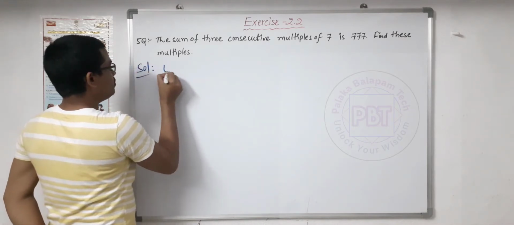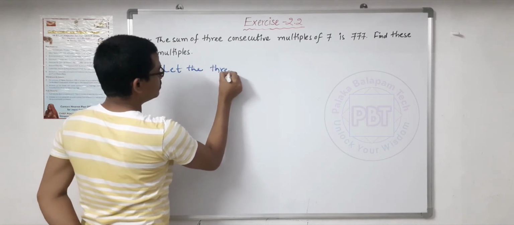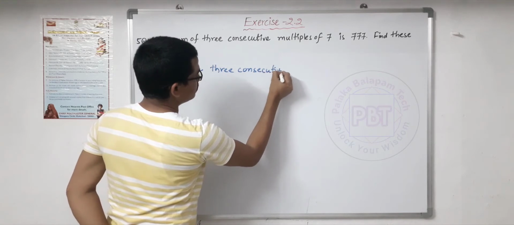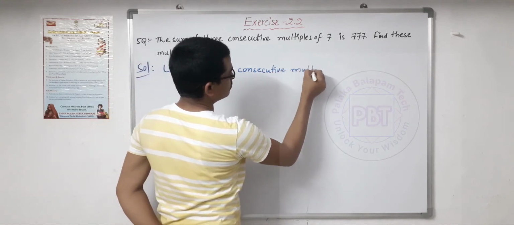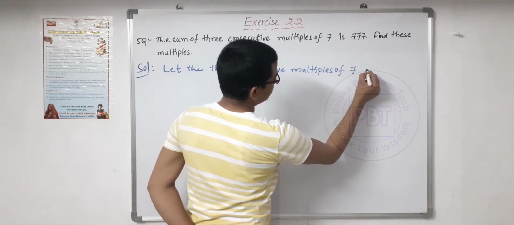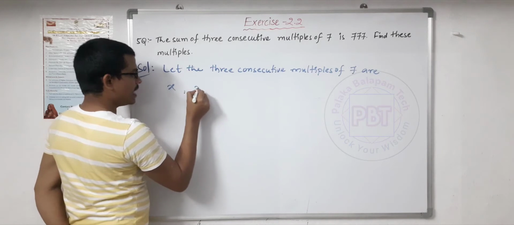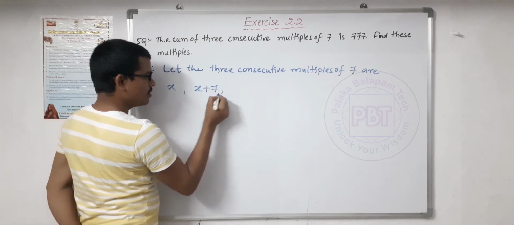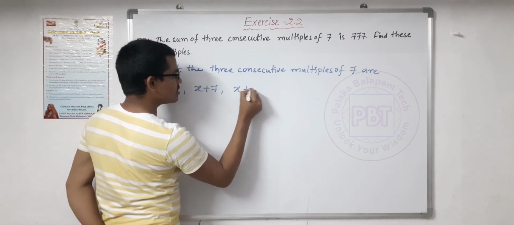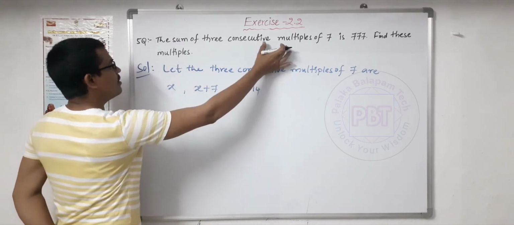Let the three consecutive multiples of 7 be x, x plus 7, and for this we add 7 again, x plus 7 plus 7, that is x plus 14. These are the three consecutive multiples of 7.